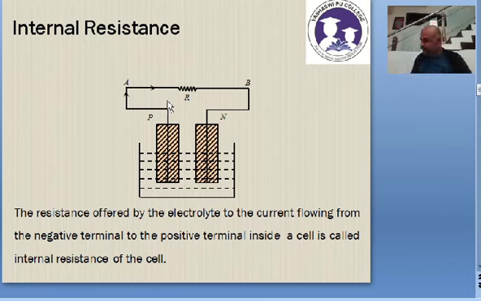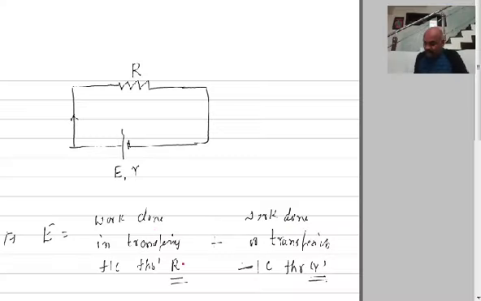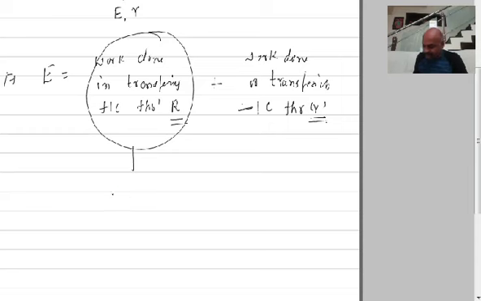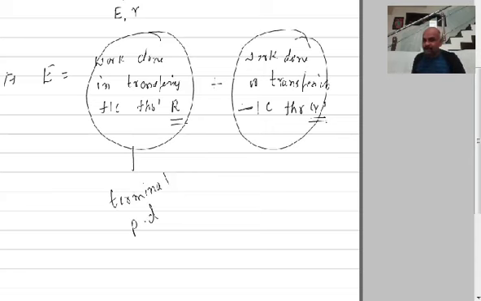So, EMF includes both. To understand that very clearly, look at this diagram again. See here, this work done in transferring 1 coulomb charge through this external resistance, that represents the terminal potential difference. That is called terminal PD, terminal potential difference. Also work is done against the internal resistance also.